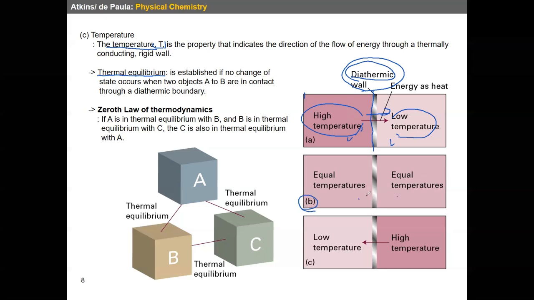So there is no temperature difference, then the thermal energy will not flow through this wall, and we call that a thermal equilibrium. If there is an opposite temperature distribution inside the system, for example, the right-hand side is high temperature and the left-hand side is low temperature, then energy will flow from the high temperature to the low temperature.